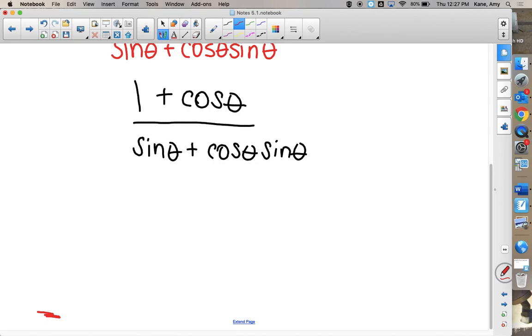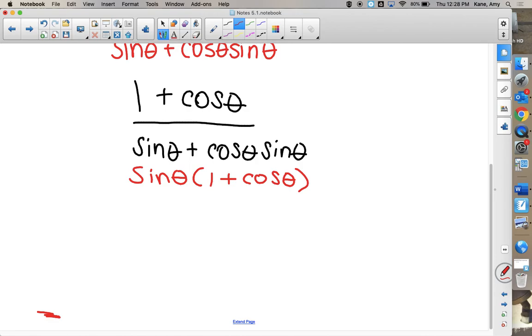A sine. So if they have that in common, what could you do with it? Asher? Factor it. So if we pull it out, Asher, what would that make then? Sine times 1 plus cosine. And if you do that, Asher, what do you notice? The numerator and the denominator both have 1 plus cosine.